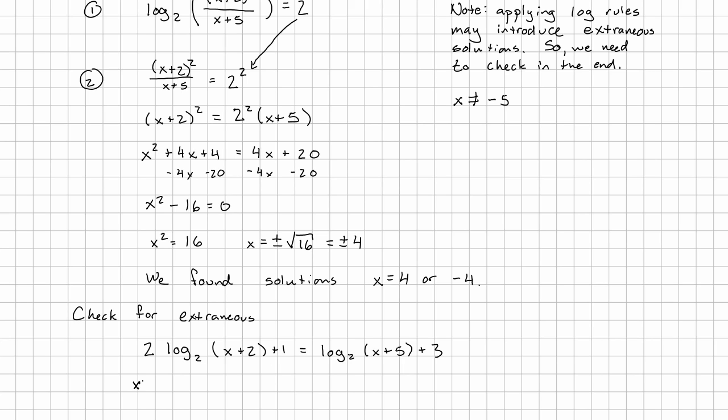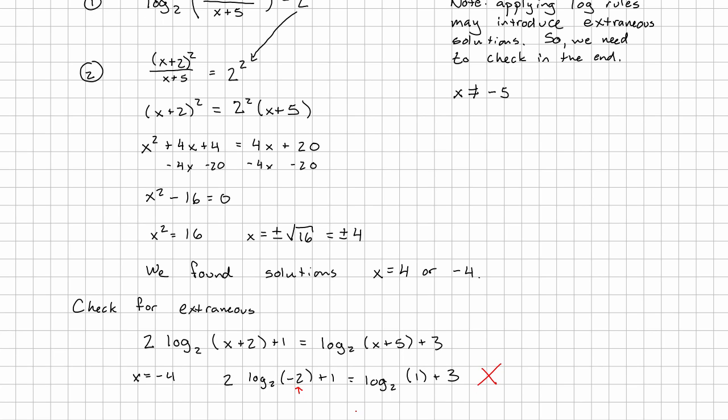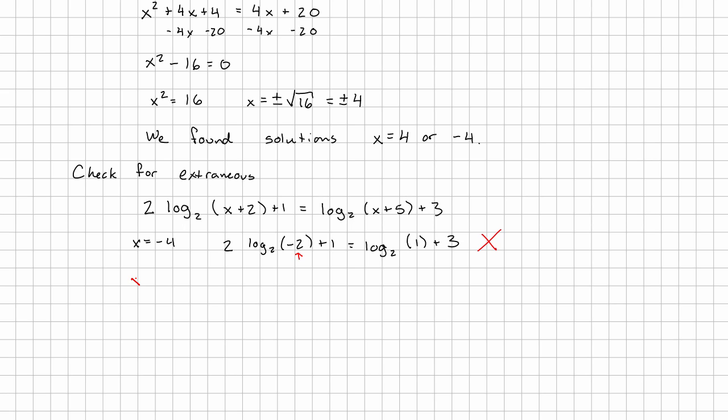If we plug in x equals -4, we get 2 times the log base 2 of -2, plus 1 equals log base 2 of 1, plus 3. Notice that we can't take the log of -2, so that was an extraneous solution. Something was undefined. What about 4?